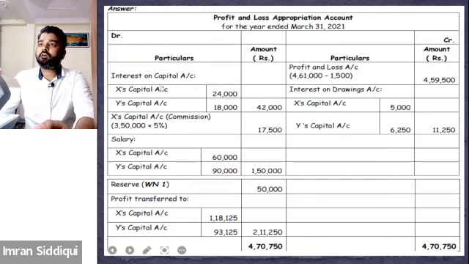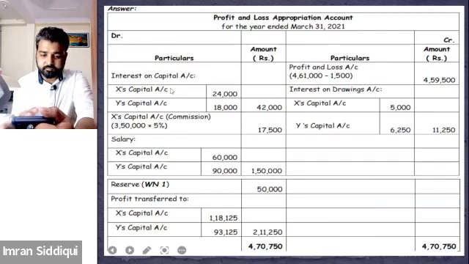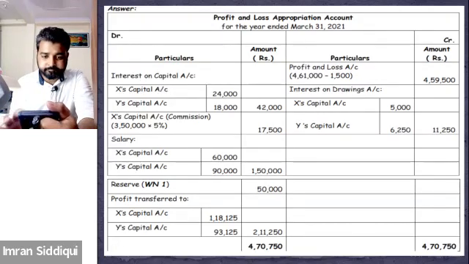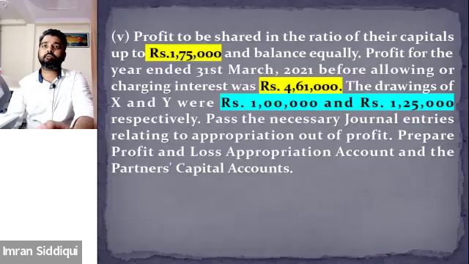I don't know why we are subtracting 1500. I think I'm missing some point here. Let me check the question.